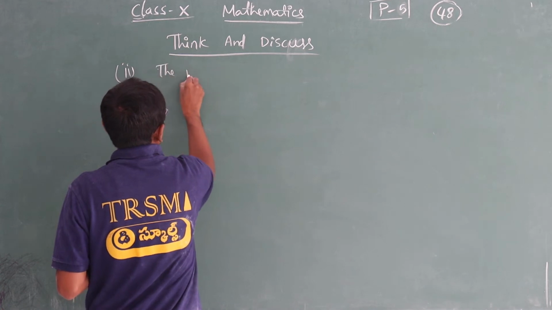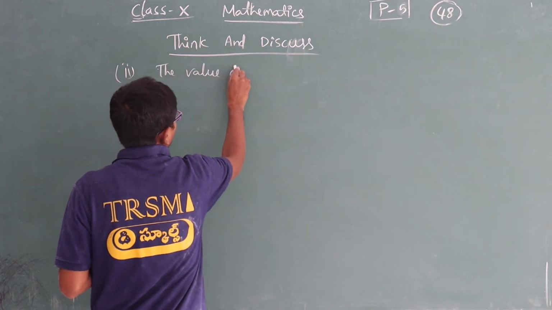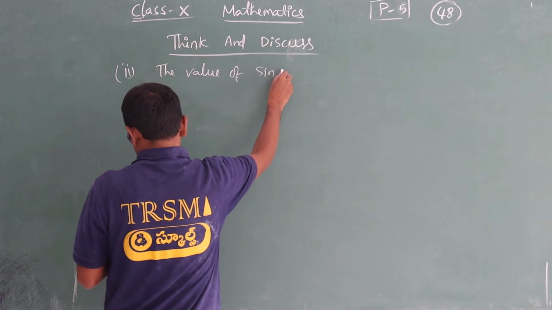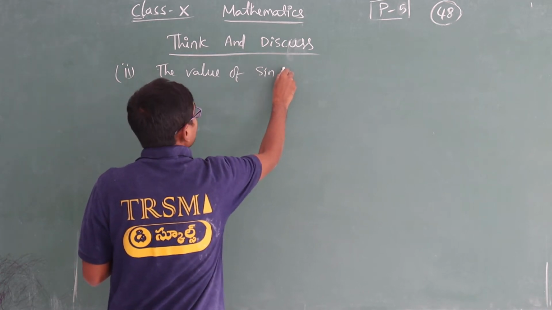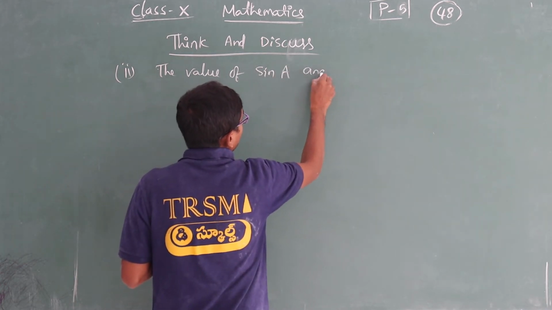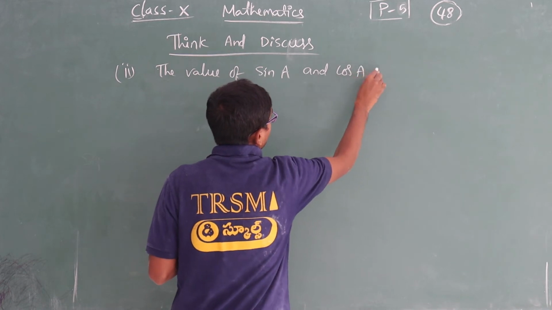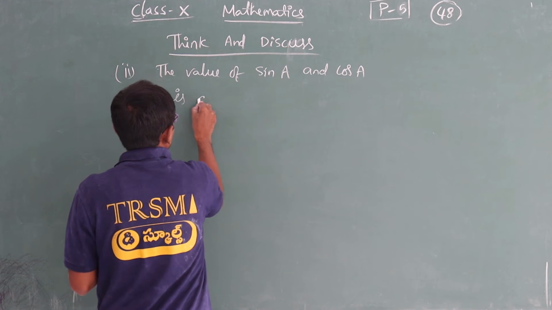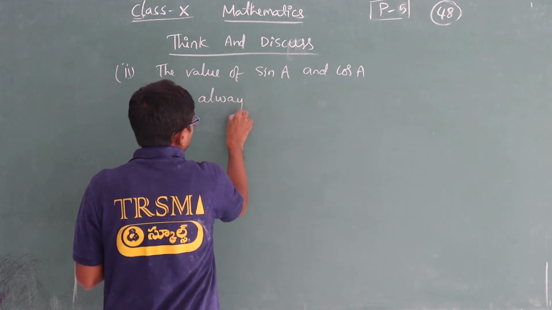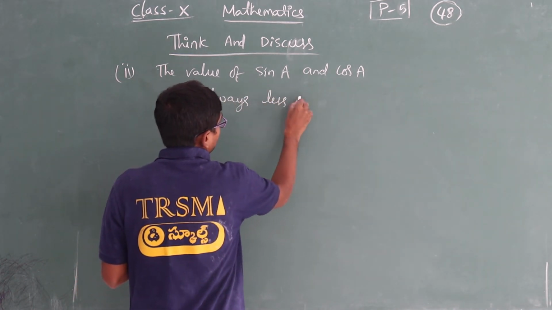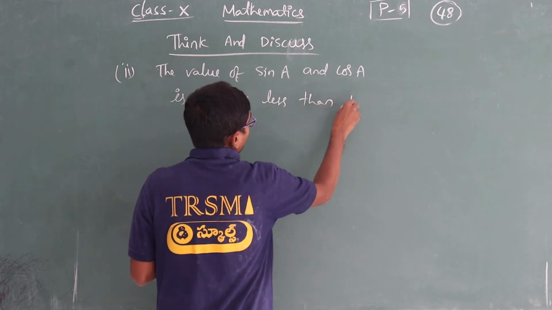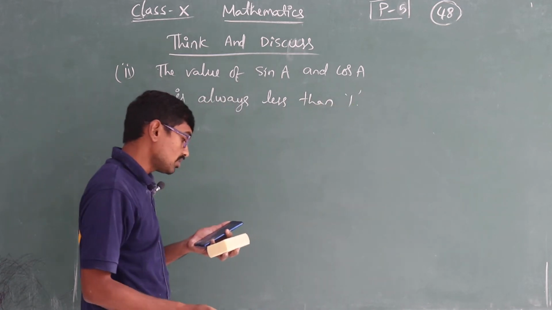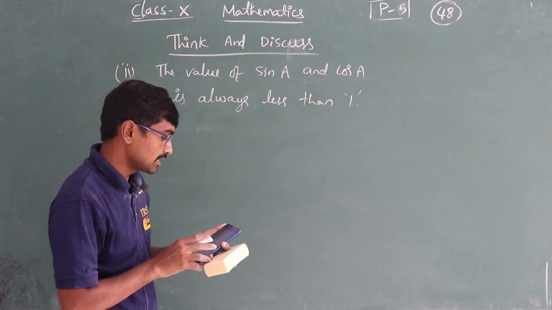The value of sin A and cos A is always less than 1. Is it correct or not? We have to give the reason.